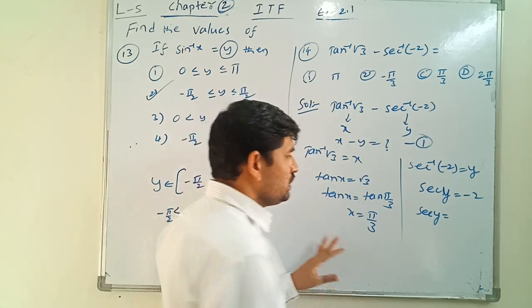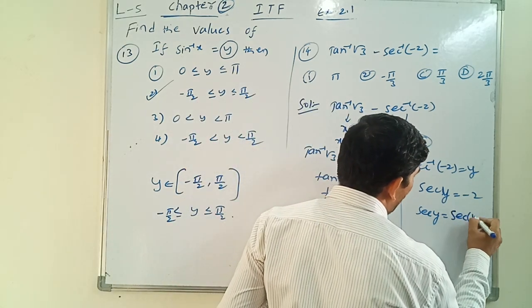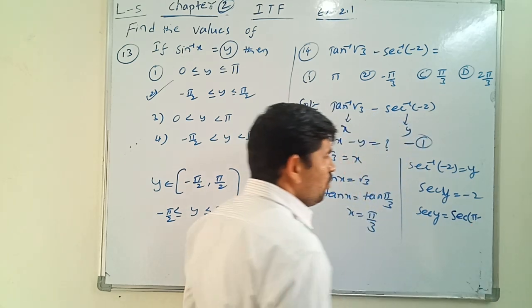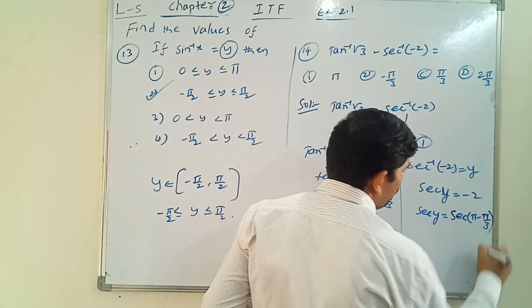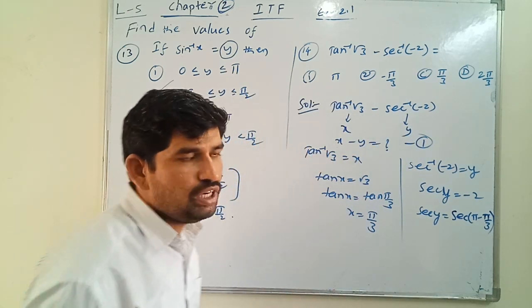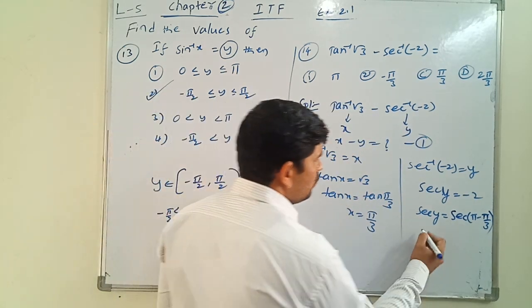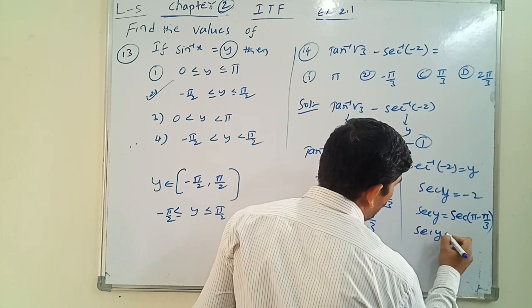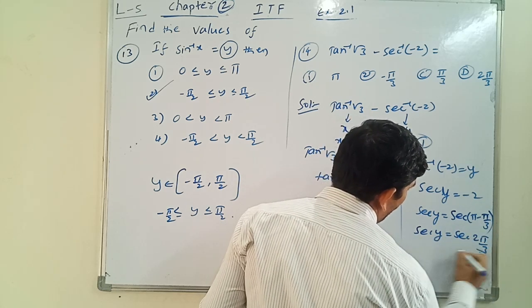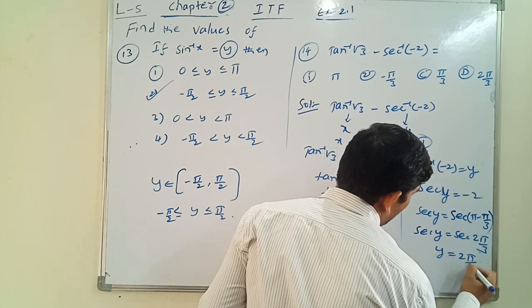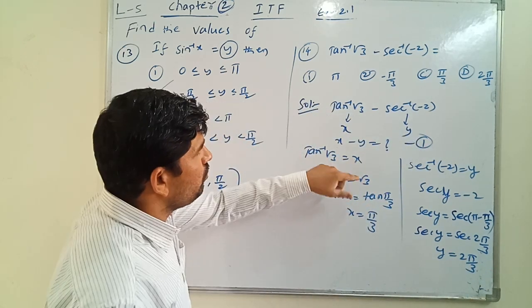Second quadrant, that's why I am writing secant of pi minus. Now the value 2 comes at pi by 3, because cos 60 is 1 by 2, and its reciprocal is 2. So finally secant y is equal to secant of 2 pi by 3. Now the y value is 2 pi by 3. So we got the x value and y value.